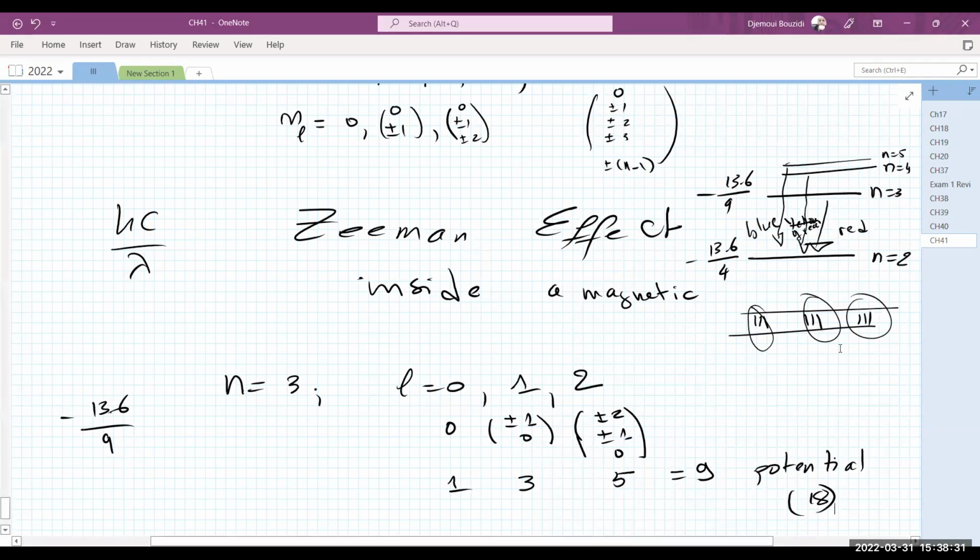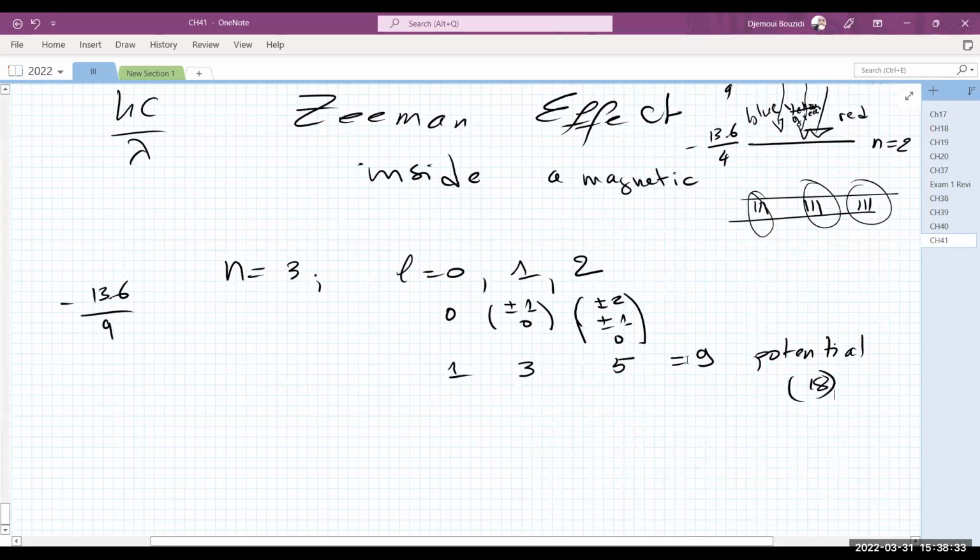In n equals 2, obviously you will have fewer, because n equals 2 will only have L equals 0 and L equals 1. So in this case, you will only have 4. But again, you have to multiply that number by 2, because you're going to end up with 8 actually. Okay. So you have a degeneracy of at least 9.